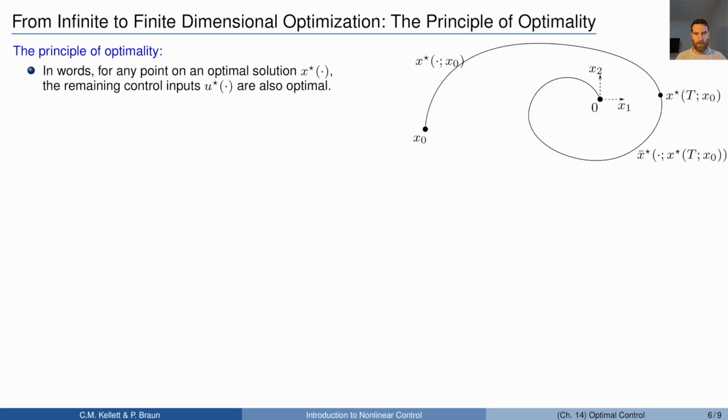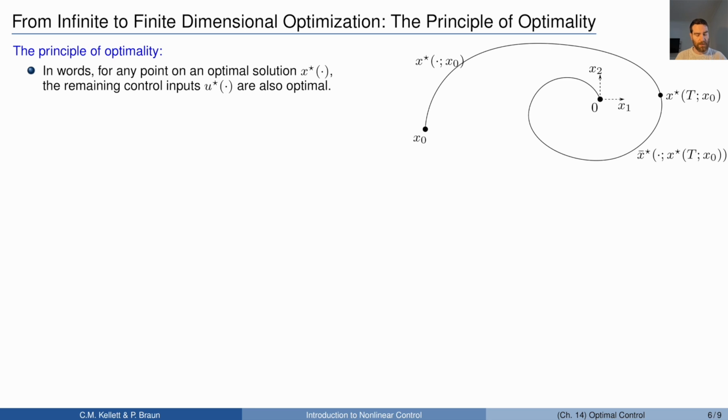And one way to get there, to get an optimization problem that might be tractable for more complicated dynamics, is to make use of the principle of optimality.